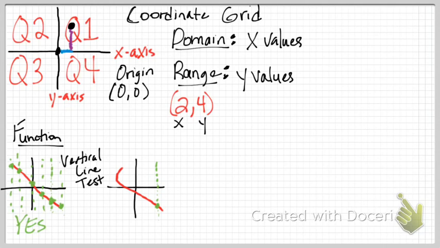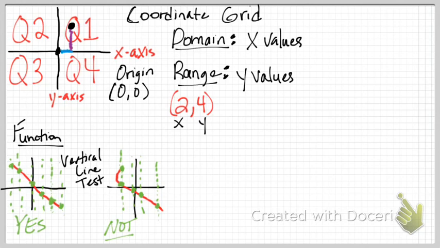But you have to be able to draw that vertical line no matter where on that graph and it only hits it one time. Now that second one only hits it one time. That third line only hits it one time. But this last line hits it there and hits it there. So this would be considered not a function. So that is not a function.